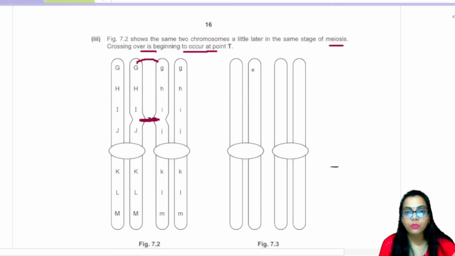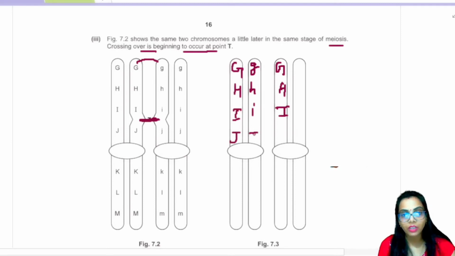The small g will come here, capital G will come here, small h will come here, capital H will come here, small i will come here, capital I will come here. Only three will be interchanged. Okay, so this will be the final diagram. This will remain the same, and only up to this point, this is the termination point. And G, H, I, small j will remain the same.